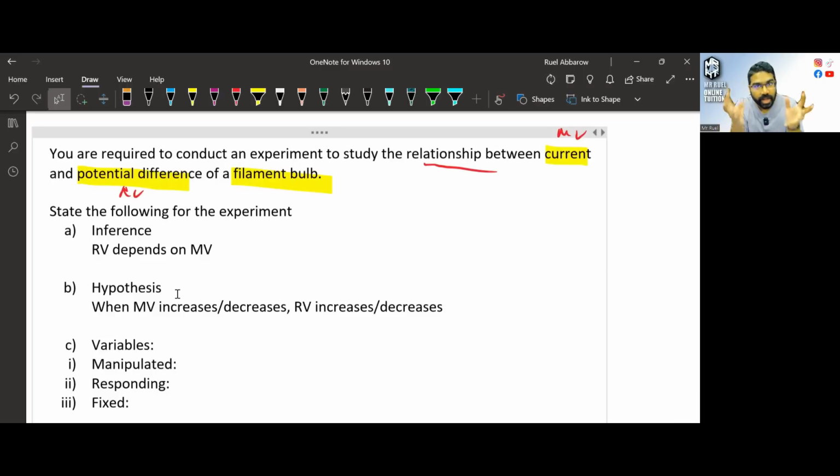That means they have values that can increase or decrease, then we can use this format. If they don't have any values that can increase and decrease, for example, change in color, you cannot say when the change of color increases. That one you have to just write one concluding statement, just the conclusion used for hypothesis. Hypothesis and conclusion same.